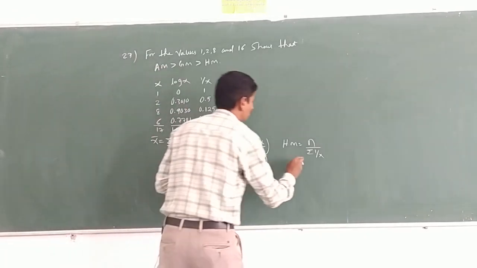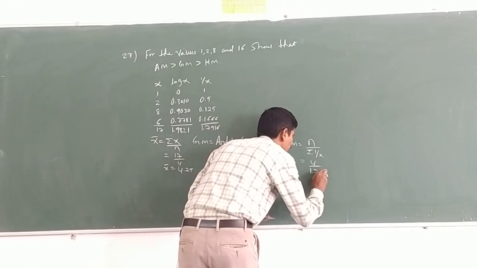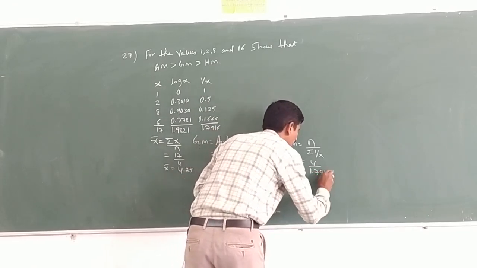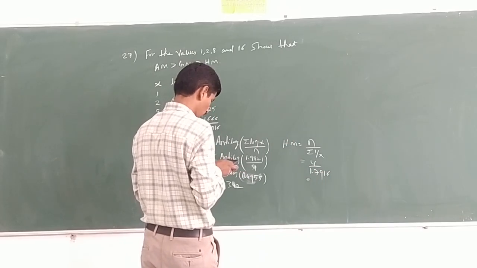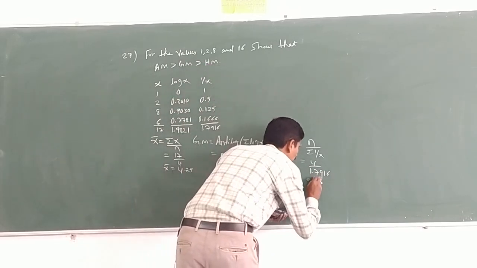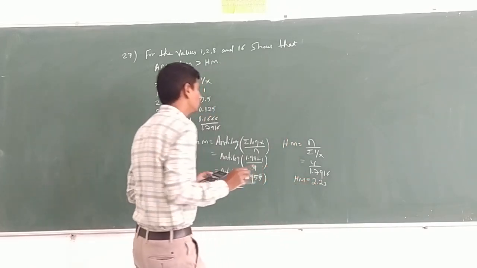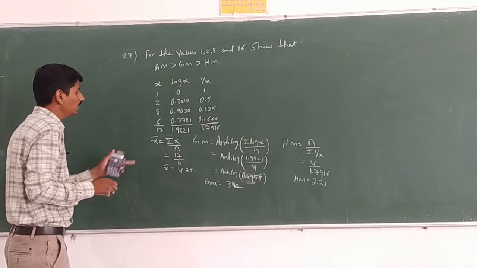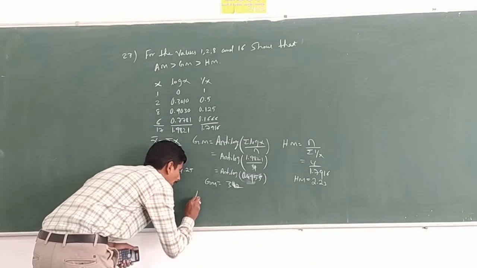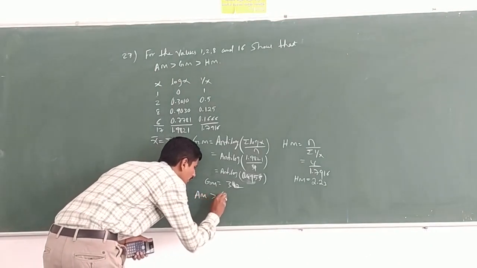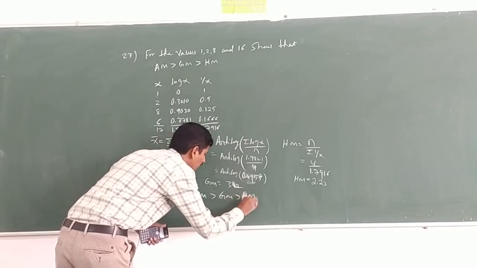The next, HM: n equal to 4. Sum of 1 by x is 1.7916. 4 divided by 1.7916 is 2.23. HM equal to 2.23. Listen, here AM is greater than GM is greater than HM.